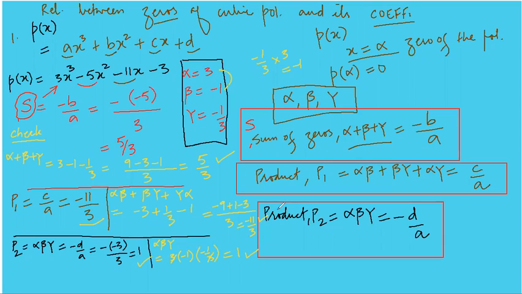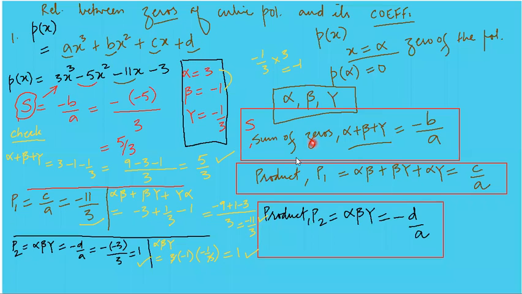So guys, now we have learned three relationships of alpha, beta, gamma, which are the zeros, and A, B, C, D, which are the coefficients. All right, D is a constant term. I can also say D is the coefficient of x raised to power 0.